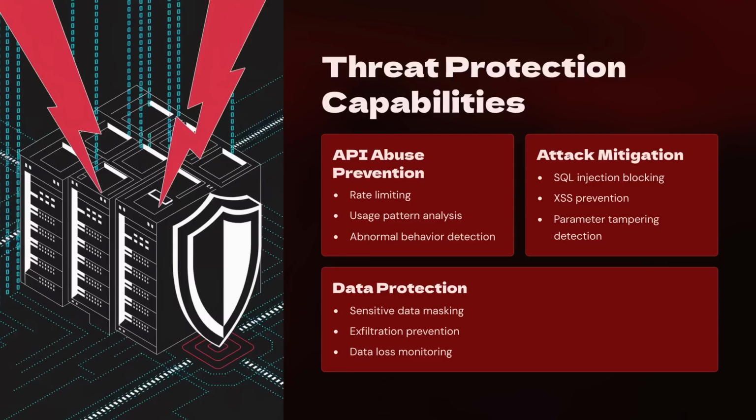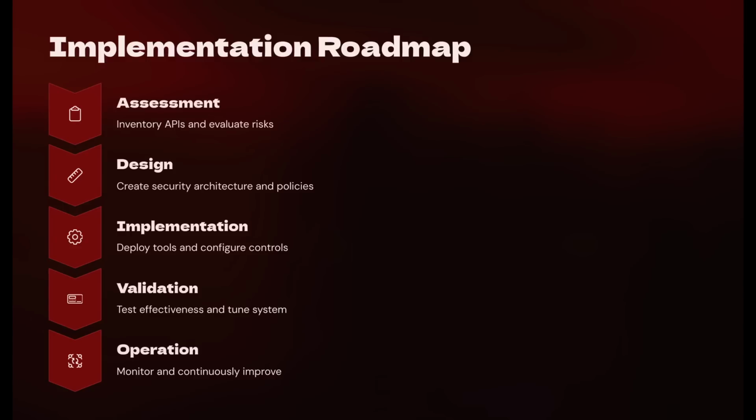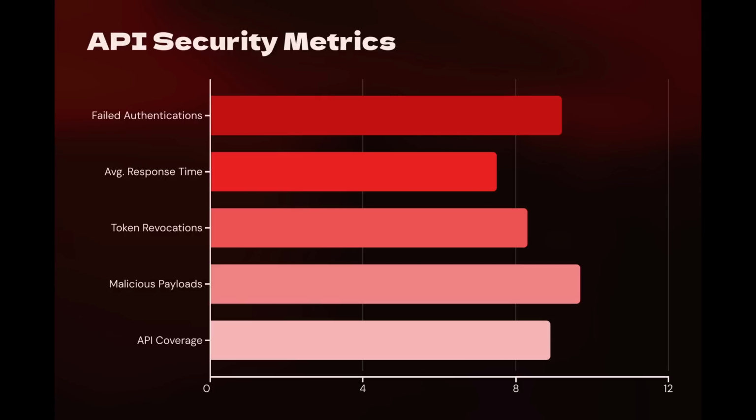Encryption: strong encryption protocols such as TLS 1.3 should be used for all API communications. API discovery and inventory: organizations must maintain a comprehensive inventory of all APIs, including shadow or undocumented APIs, to ensure complete coverage of the security model. Continuous validation: even after the initial authentication, each API transaction should be scrutinized for potential security risks.